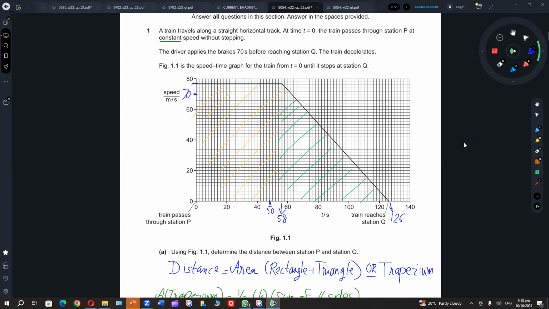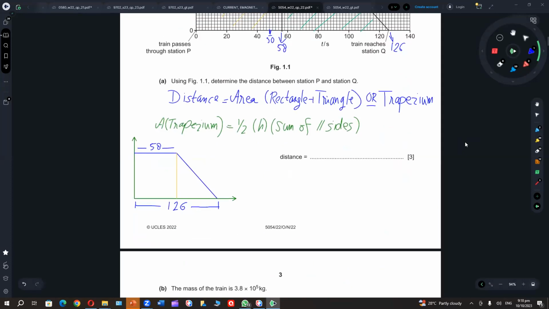I think it's 72, 74, 76, I think it is 77. I'm getting this side as 77.